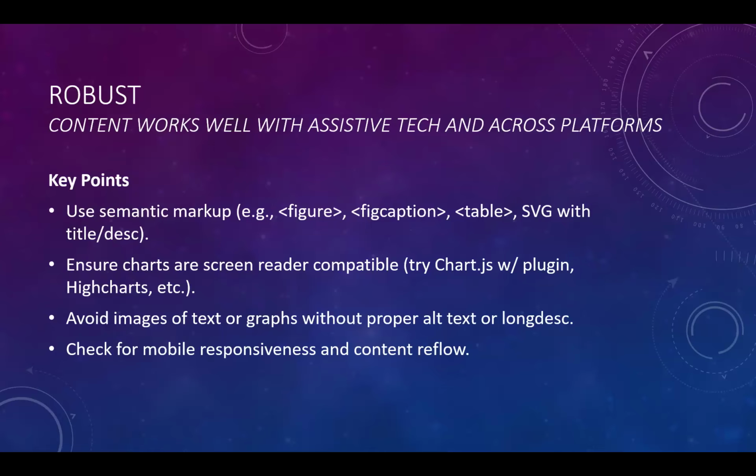Obviously, technology changes every day, so we want to make sure that content is going to be able to be accessed by everyone. Some practical examples of this principle include using semantic markup, ensuring charts are screen reader compatible, avoiding images of text, of graphs without proper alternative text, and checking for mobile responsiveness and content reflow.